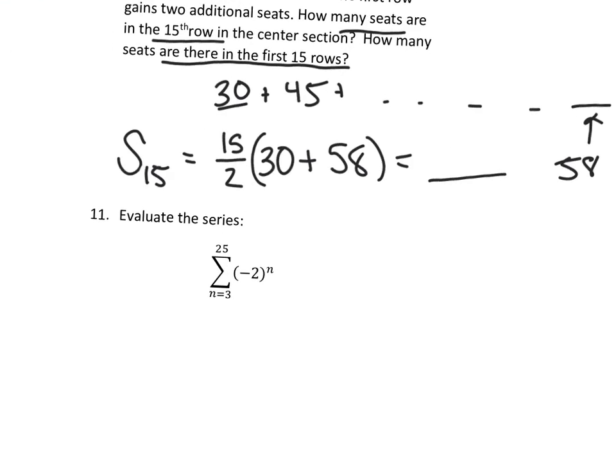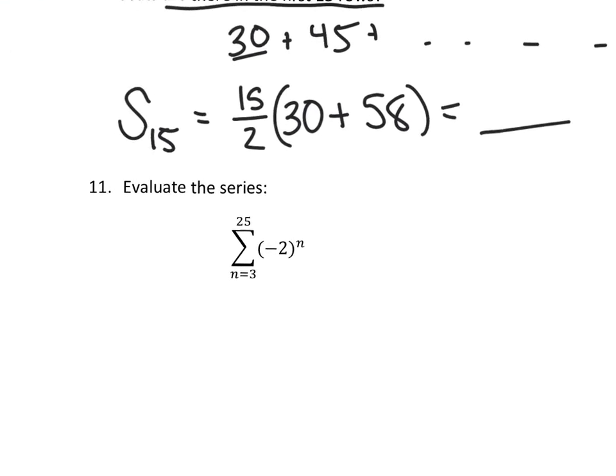And then the last one, evaluate the series. So I can tell it's geometric because it has a variable in the exponent. And this is finite because of the 25 right here. Okay, it doesn't have an infinity. So I'm going to use the formula of a sub 1 times 1 minus r to the n over 1 minus r.